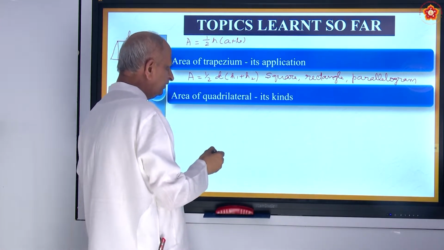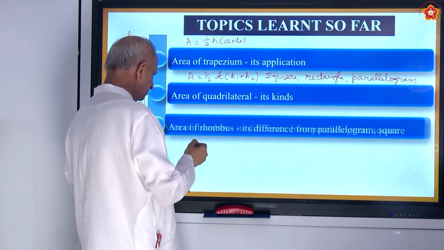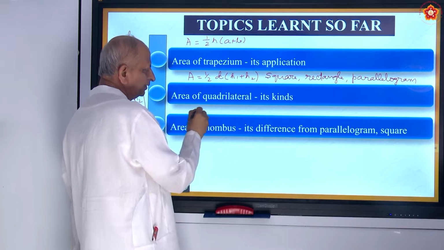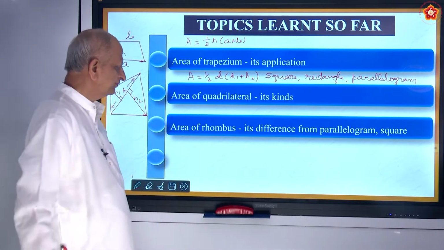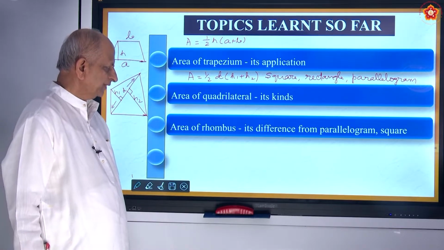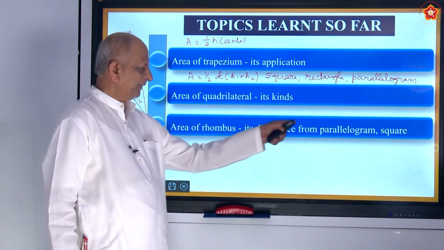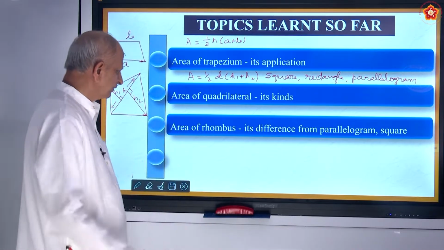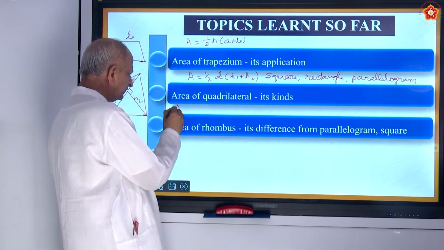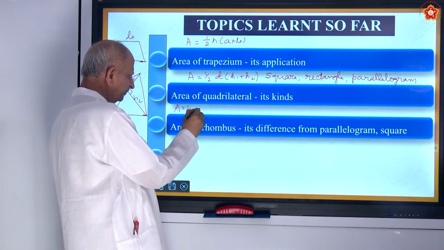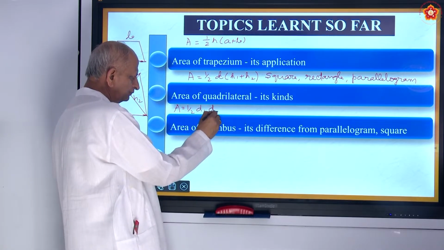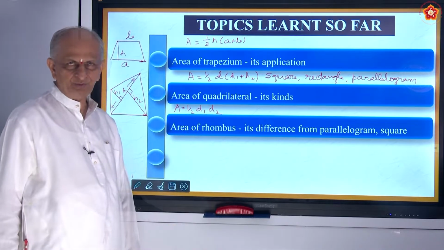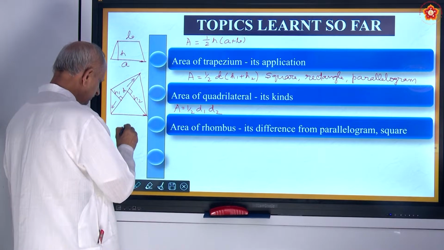And also we have seen about rhombus. Rhombus is another kind of quadrilateral, and this rhombus differs from parallelogram. And what is area of rhombus? Area of rhombus is half of D1, D2. What are D1, D2? The diagonals of the rhombus. Okay.